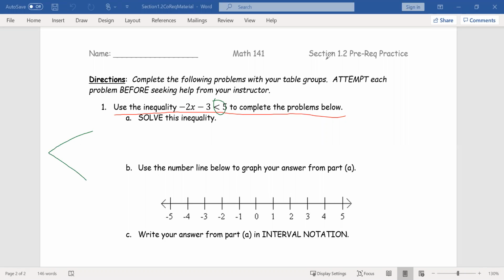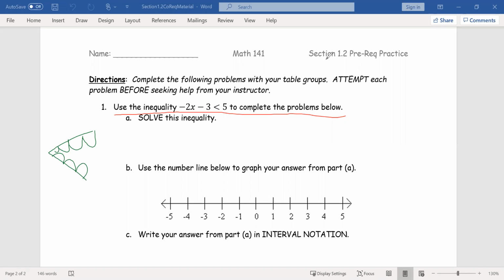If I draw a bigger picture of it here, see the alligator mouth looks like this. If I add teeth to it, hopefully now you can see that it's a mouth. And I always think that the alligator mouth eats the bigger side. Since the mouth is opening to the right, that means the stuff on the left is less than. So negative 2x minus 3 is less than 5. We're going to use that to complete the problems below.